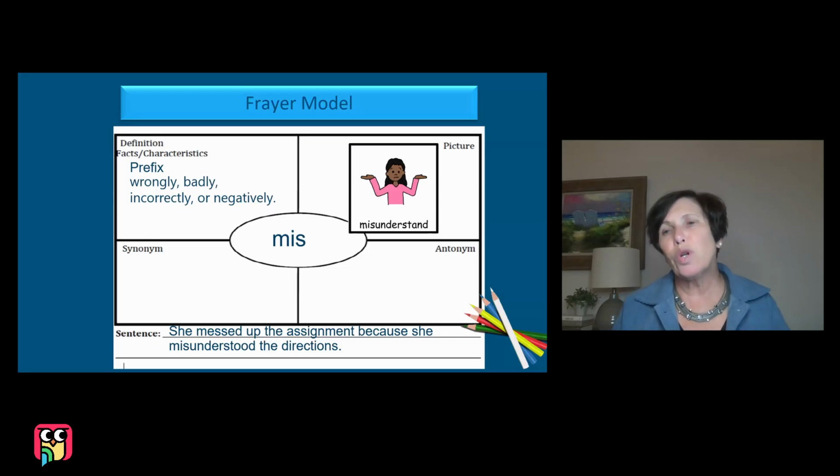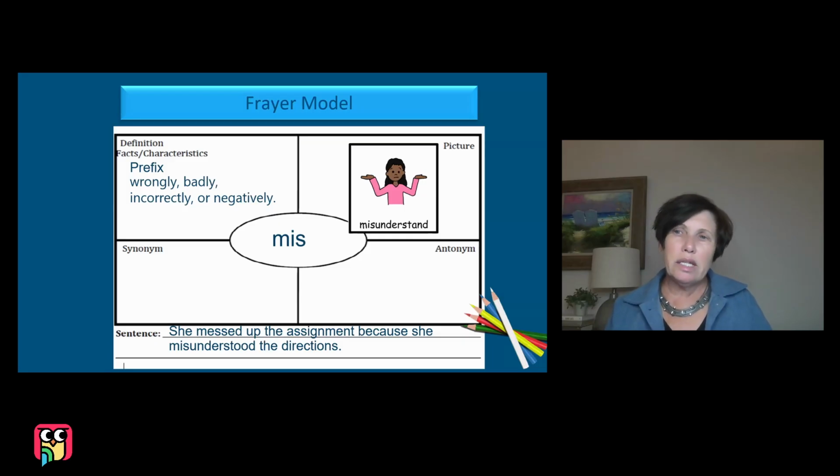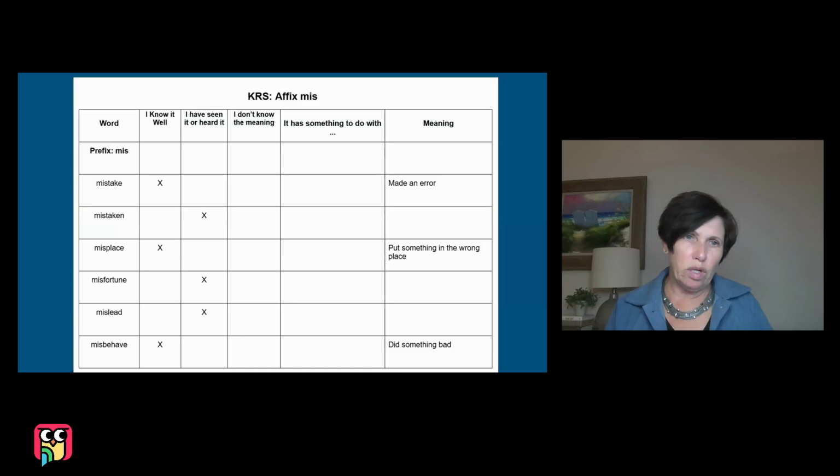So Julia knows the word understand, so we applied it to misunderstand. And then a sentence to demonstrate the meaning. She messed up the assignment because she misunderstood the direction. So we went to irregular past tense as well from that inflectional perspective. From there, what we did is we applied it to a variety of words.